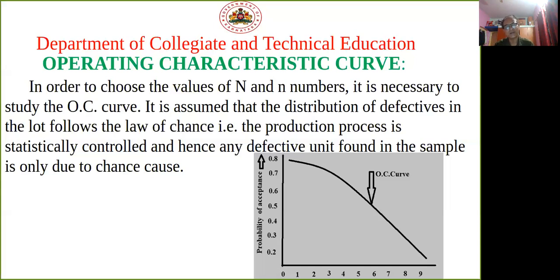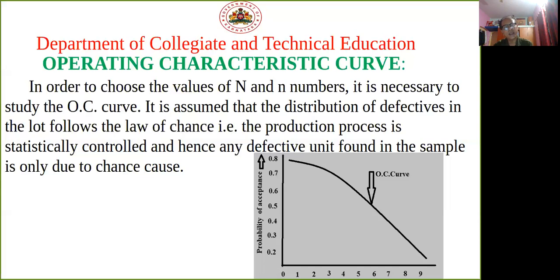Chance causes are those causes that cannot be controlled. The production process is totally statistically controlled. Hence, any defective unit found in the sample is only because of chance causes.